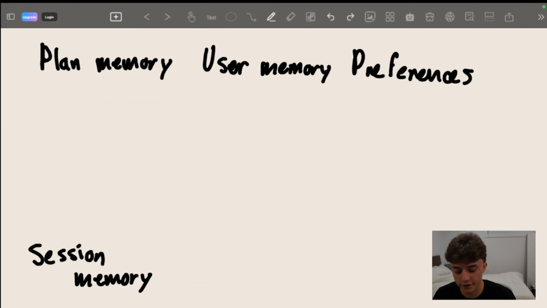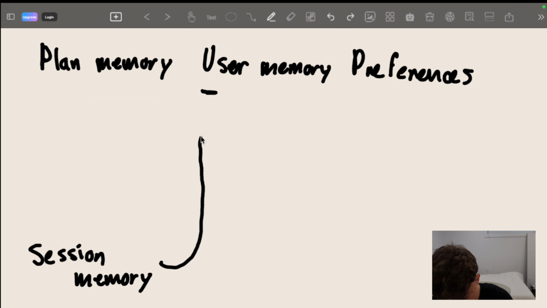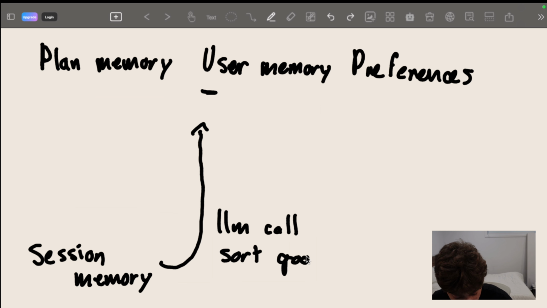And so for now, I don't even know what I'm going to be doing, because I'm thinking, should I save all of those conversations, or do we really need the entirety of them? I was thinking of maybe creating an LLM call on the user input, whose only purpose would be to sort good memories.